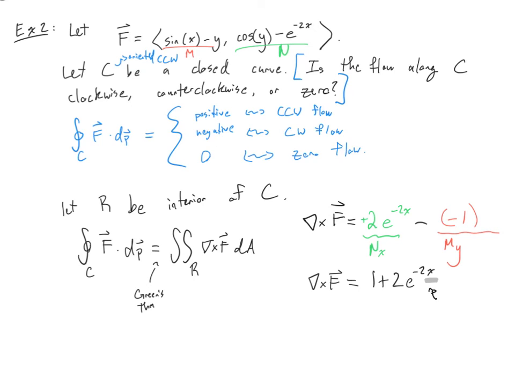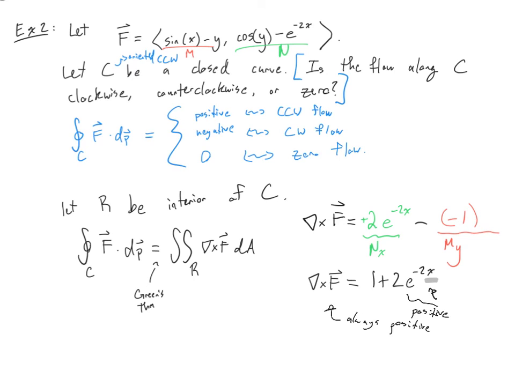Now, e to stuff can only ever be positive numbers, so you're never going to get a negative number out of this. So this scalar curl is always positive, because it's 1 plus 2 times something positive.